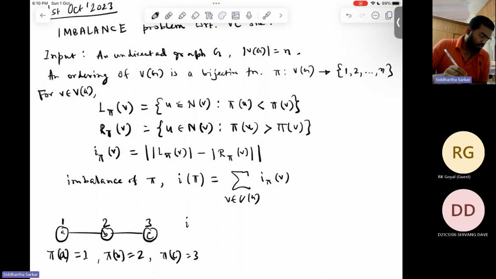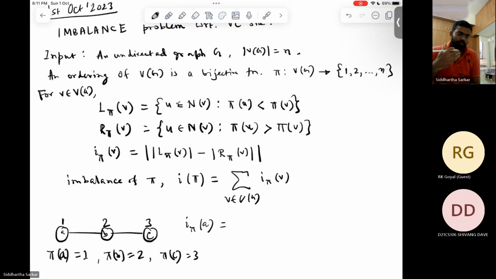So what is the imbalance of A with respect to pi? We have to identify what are the neighbors of A that have received a higher labeling than A. So we want to compute R of A with respect to pi and L of A with respect to pi.